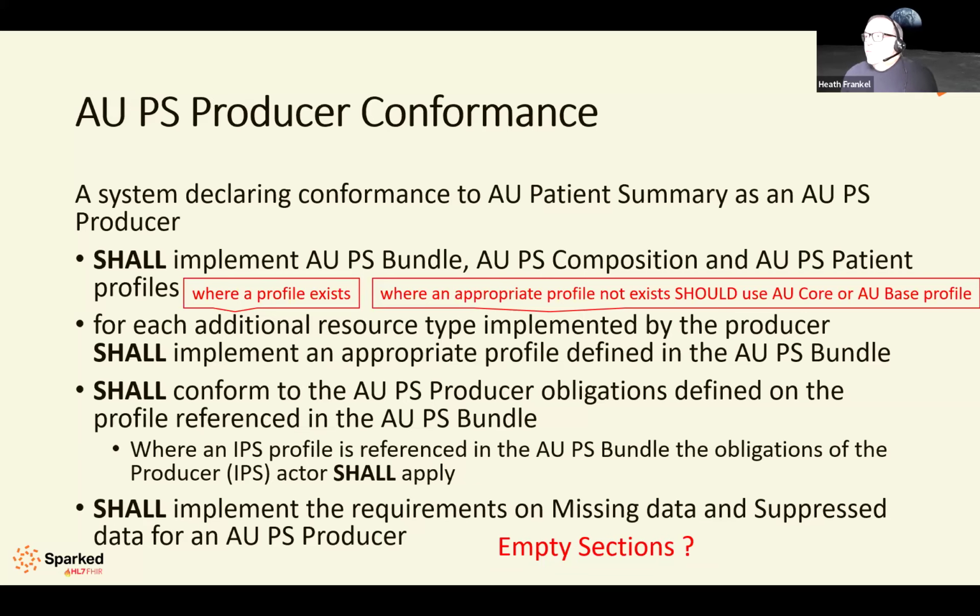You can actually provide, as we currently do in AU Core, an allergy intolerance as an assertion, as a clinical statement that there are no known allergies. That's one option. But their new recommendation, as of 2.0 balloted last year, is that their preferred approach is to use the empty reason flag instead of the explicit one.